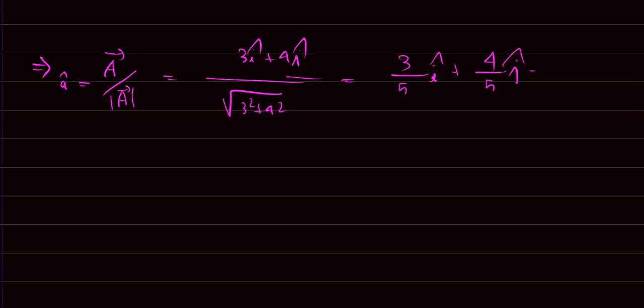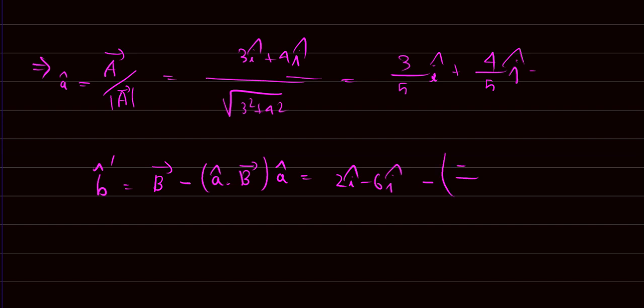This is our first orthonormal basis, and by the formula of Gram-Schmidt theorem, let's take B prime. What we have to do is subtract from B this thing. So if we calculate this, the dot product will give us 18 minus 18 by 5, and this is this.